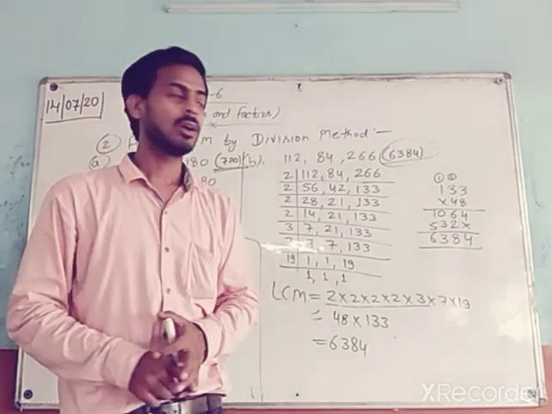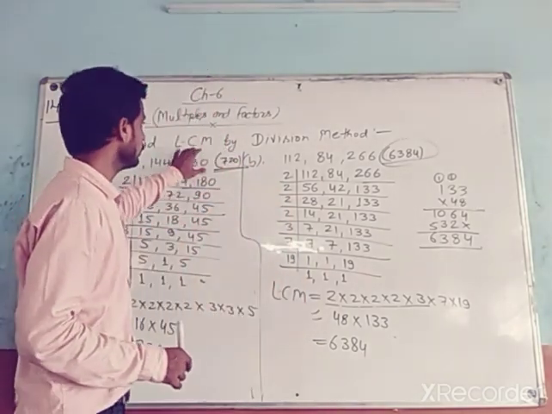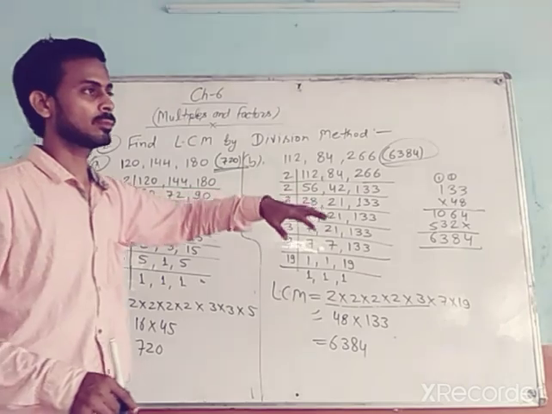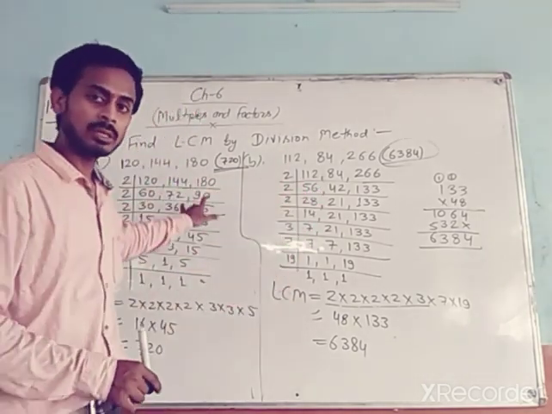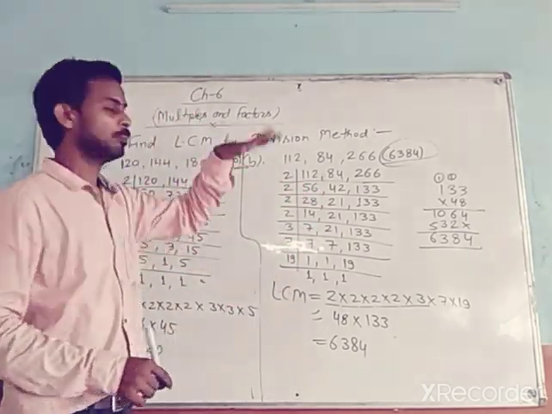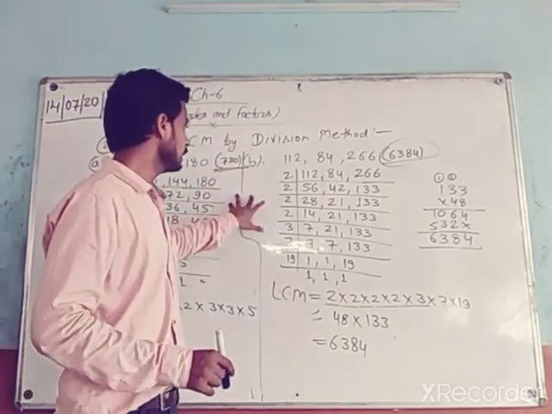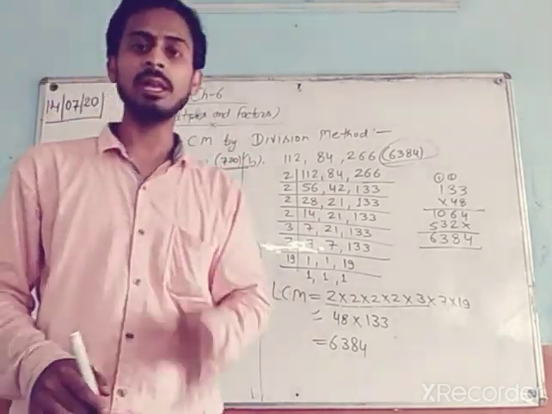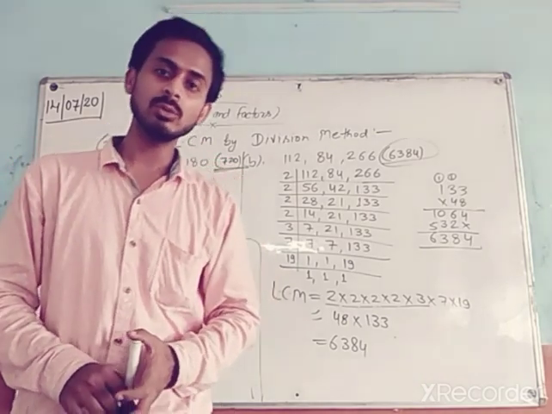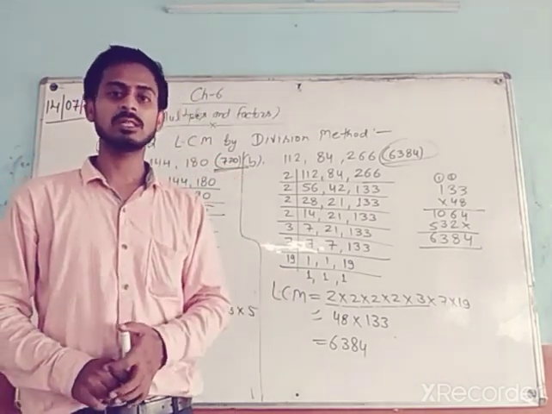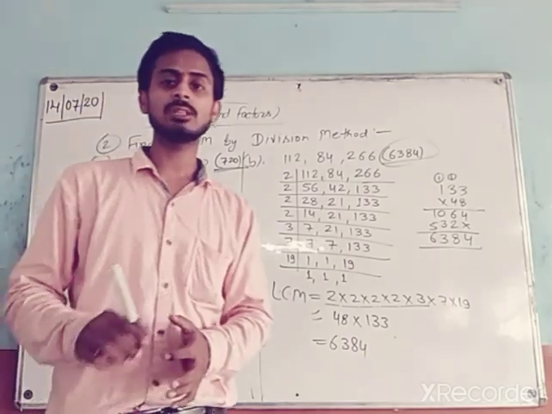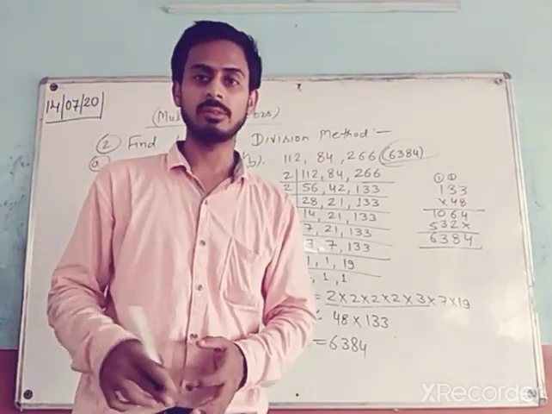Okay, clear? But the division method is very easy in LCM and HCF. So you can always use this method if the question is find LCM or find HCF. Clear?